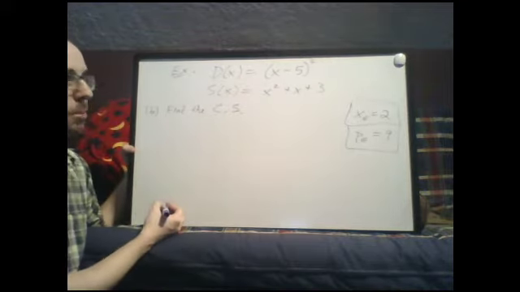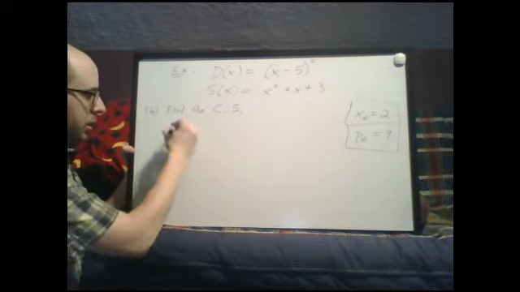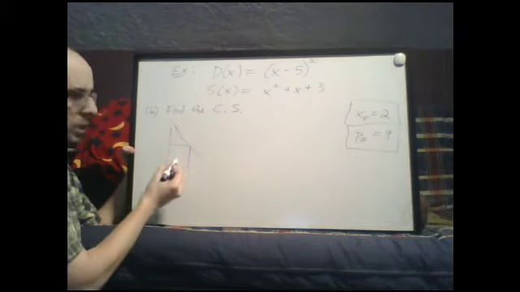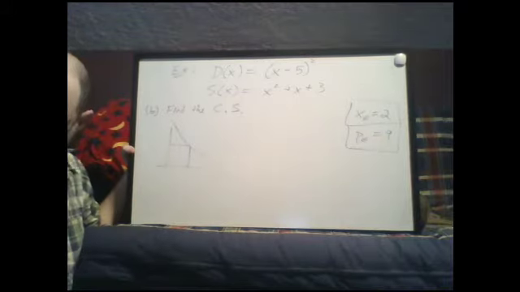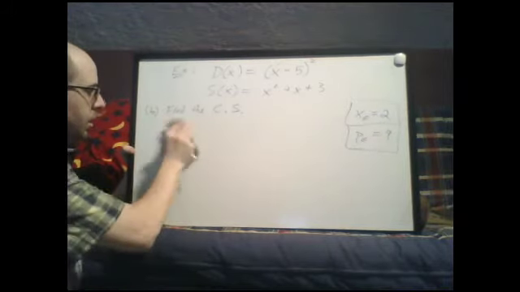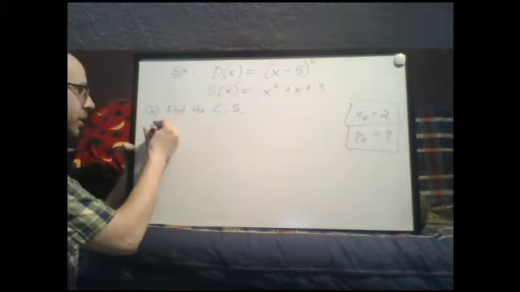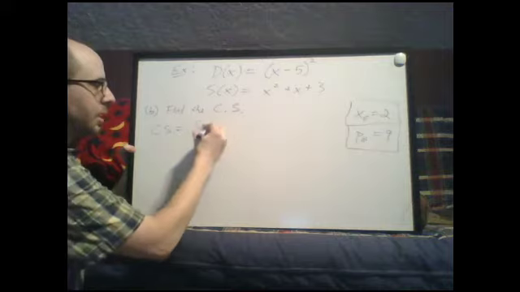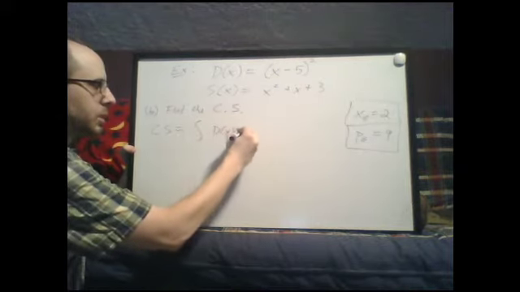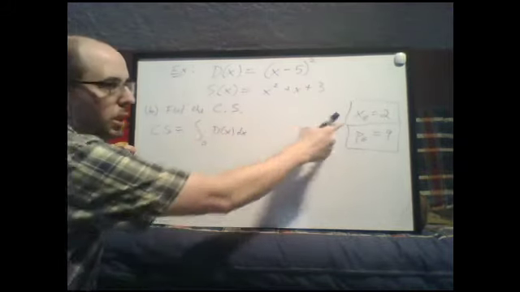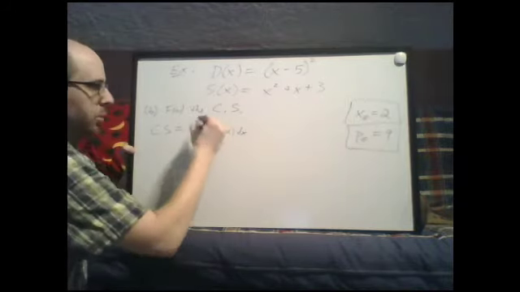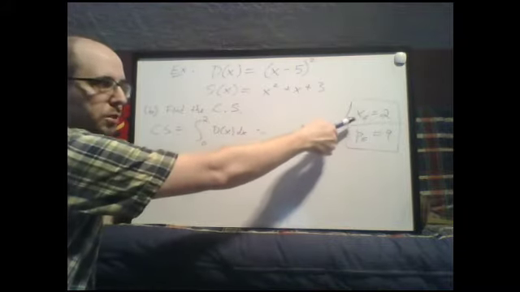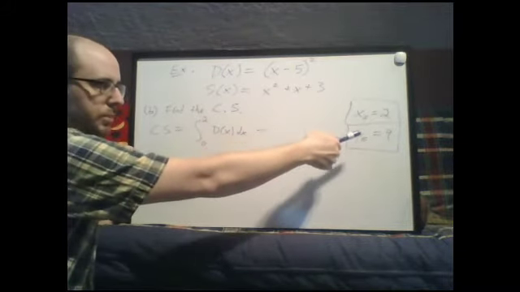So the consumers demand, so we're dealing with the demand function. The demand function was the decreasing one, and so for that we need to integrate the function and then subtract this rectangle. You can have the formula in front of you, but the consumer surplus is going to be the integral of my demand function from 0 to my equilibrium x value, which was 2, and then I'll subtract my revenue, which is just equilibrium units times equilibrium price.